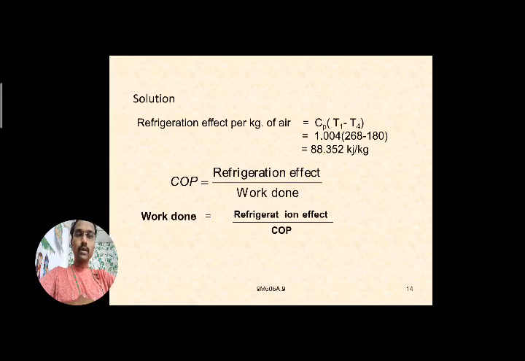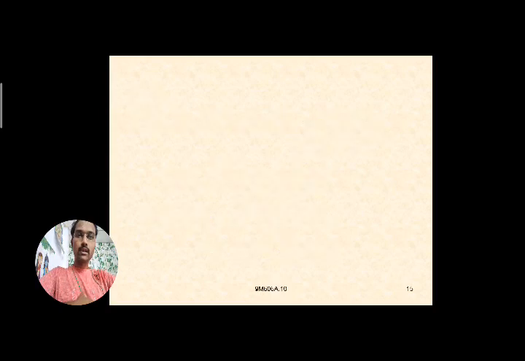You know these two values. Already we have found that the refrigerating effect equals 88.352 kilojoules per kg and COP is 1.67. The work done per kg of air is equal to 53 kilojoules per kg. So these are the three values.